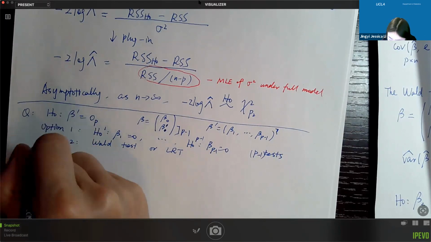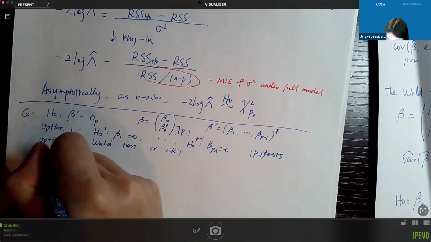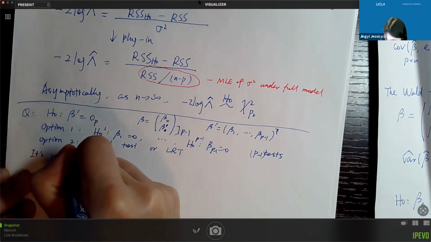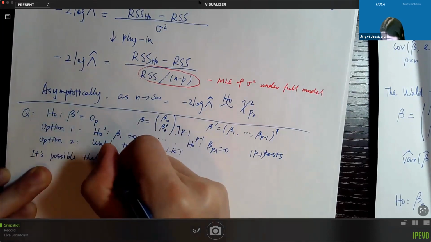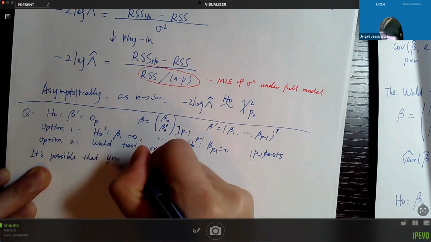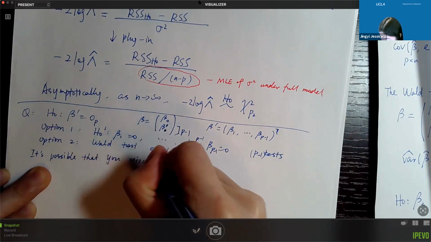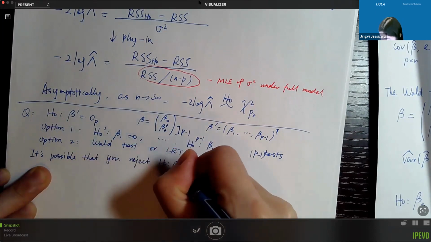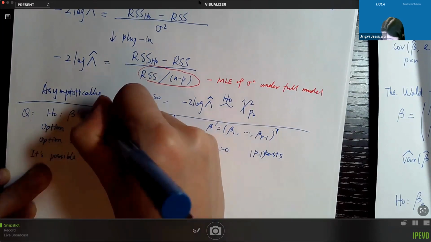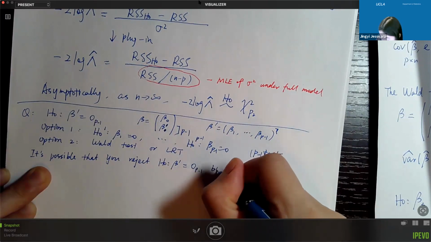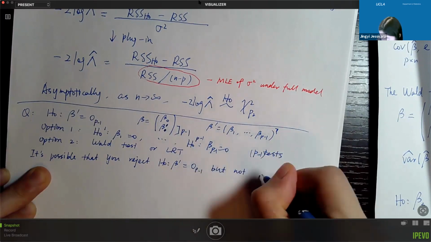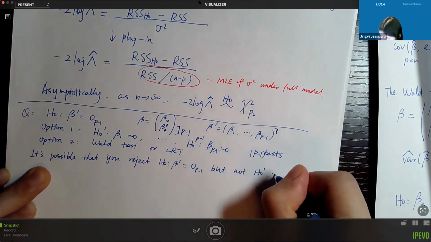It's possible that you reject this H0, beta prime equals 0, but not these individual tests.